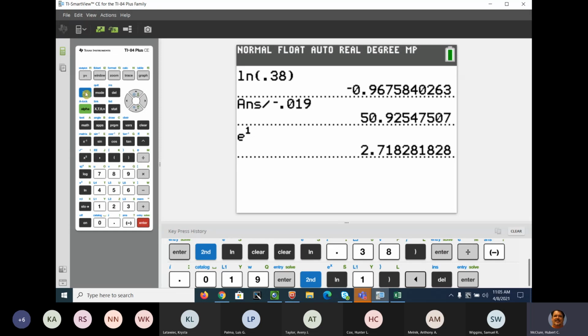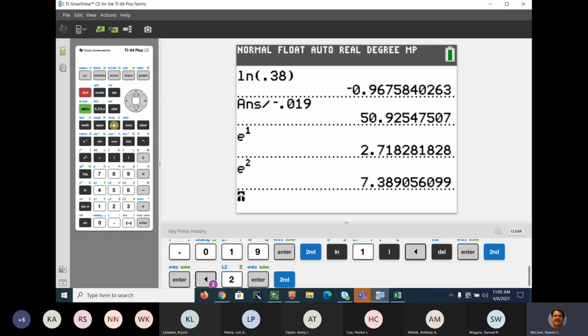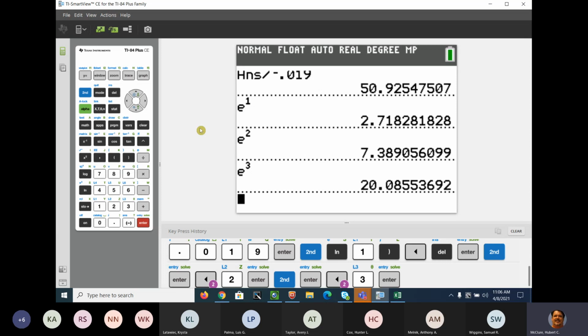Let's do e to the 2. That's 7.4. One more, e to the third. Trying to get y'all to see what's happening. What's happening to that exponent as I keep going toward infinity? What does the exponent start doing?